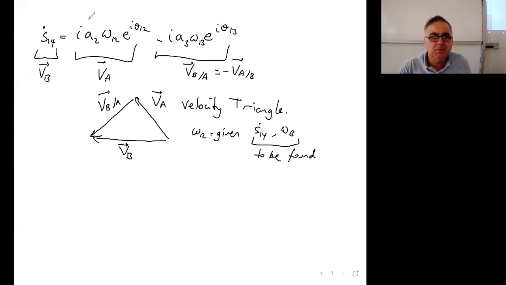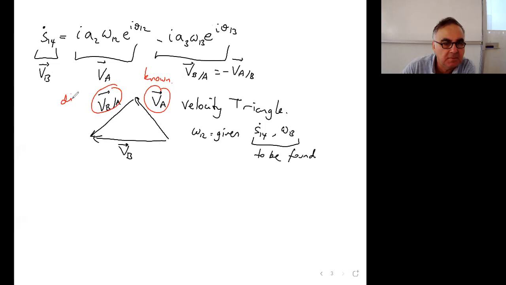So if omega 1,2 is given here, theta 1,2 is already given, this is known. Okay. What else is known? Theta 1,3 is known. So here we know the direction of this. Known. And for VB also we know the direction.